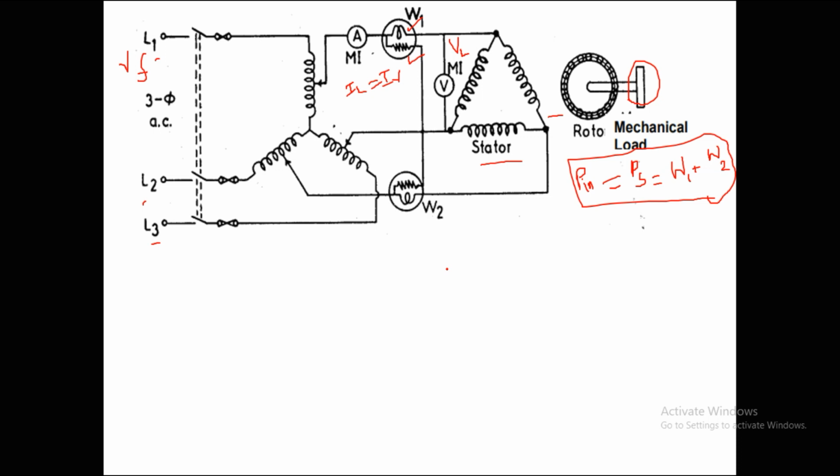And before giving a supply to the field winding, we have to ensure the no load condition on the mechanical load. That means we have to ensure no load on the shaft of the induction motor. In the mechanical load we have a brake drum along with a belt. In the belt we have 2 pulleys, and these are going to indicate the weight given to the shaft of the induction motor.